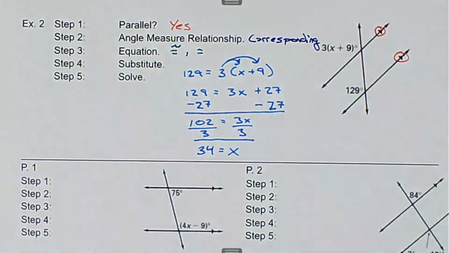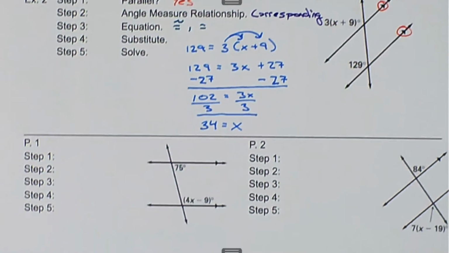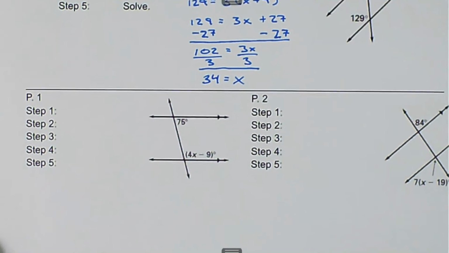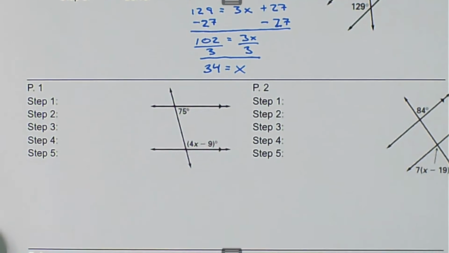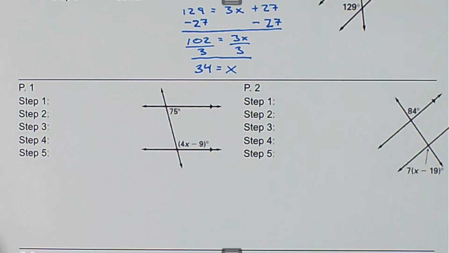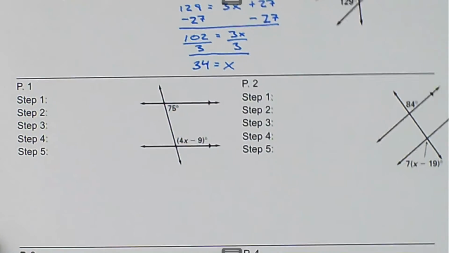In that case, it didn't say anything else other than that, just solve for x. So next we have problem 1 and problem 2, and we're going to go ahead and follow those same steps.